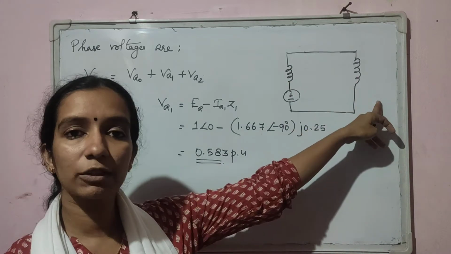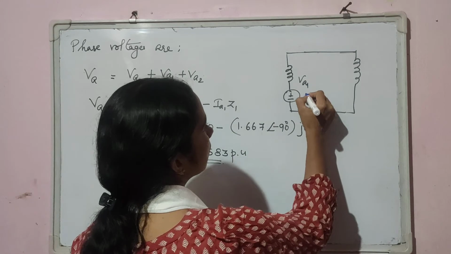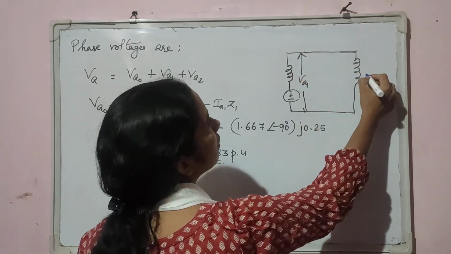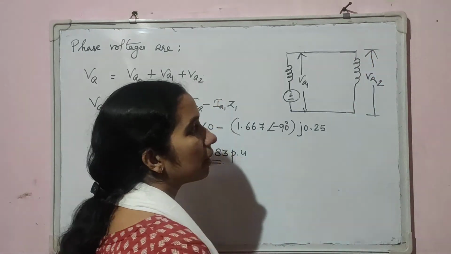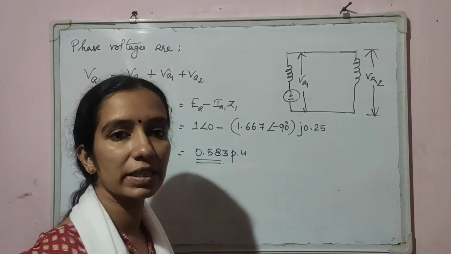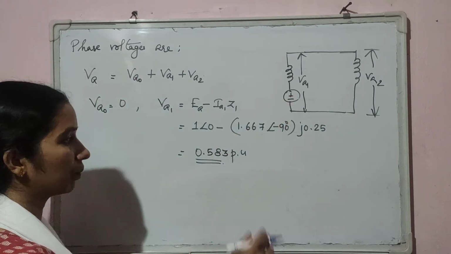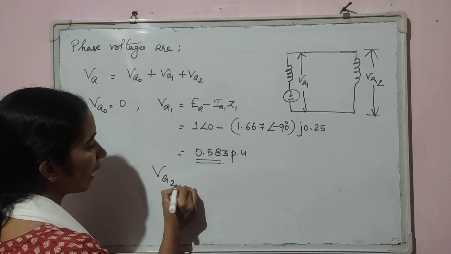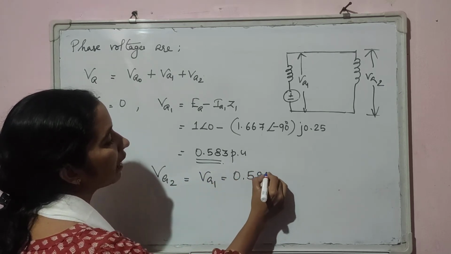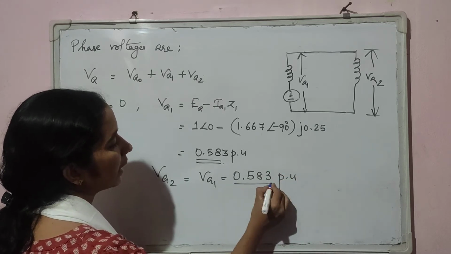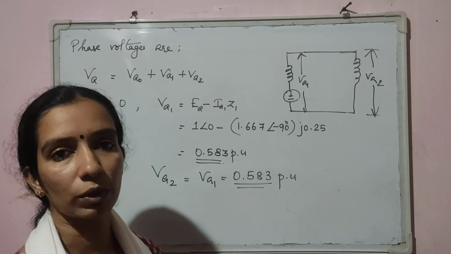So for a parallel combination, voltages will be the same. So this is VA1, this is VA2. Both these voltages will be the same as these sequence networks are connected in parallel. So VA1 equal to VA2. Now we can write VA2 directly. VA2 is equal to VA1 is equal to 0.583 per unit. Thus we have calculated all the sequence components of voltages.